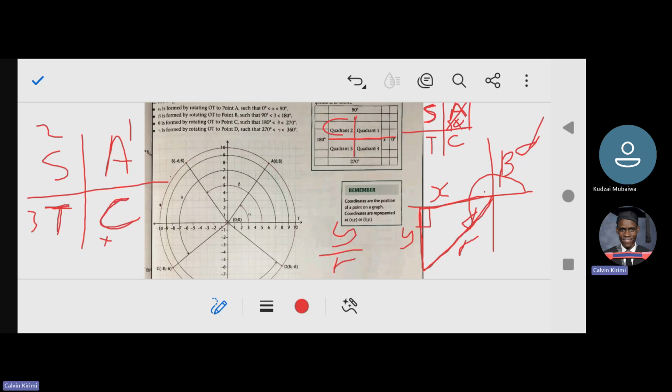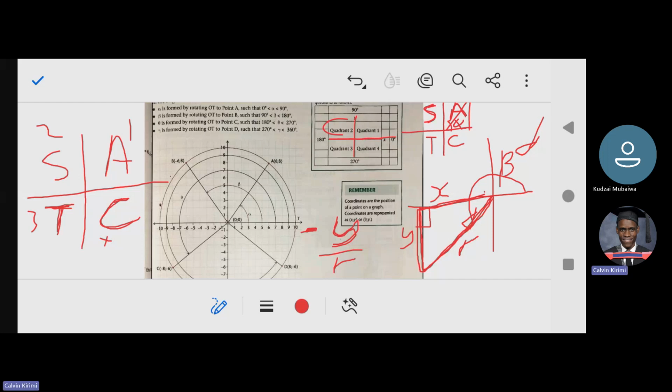We said in this quadrant number 3, only tan is positive. So you have found that sine beta is y over r. Then you must add a negative to make it minus. Because it's not a tan, it's a sine.